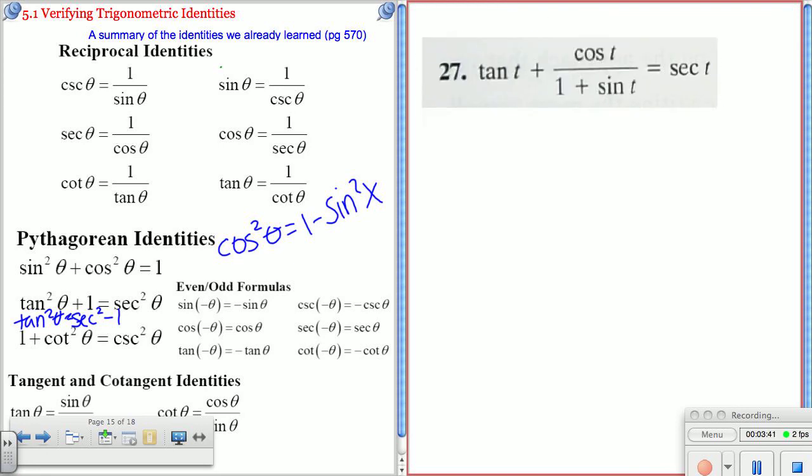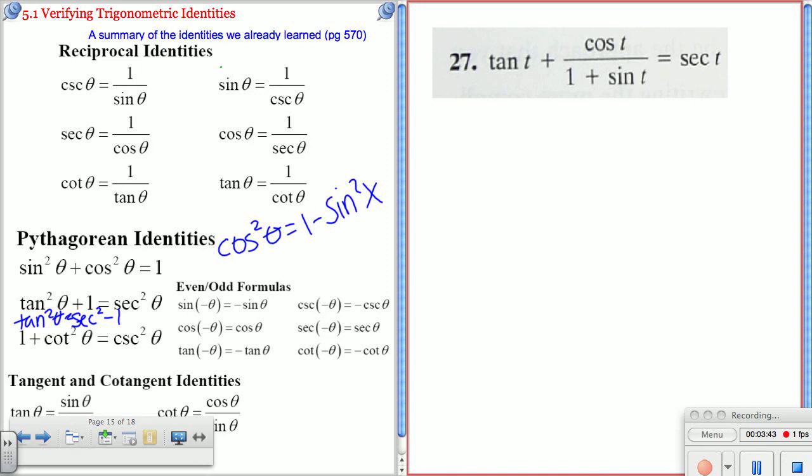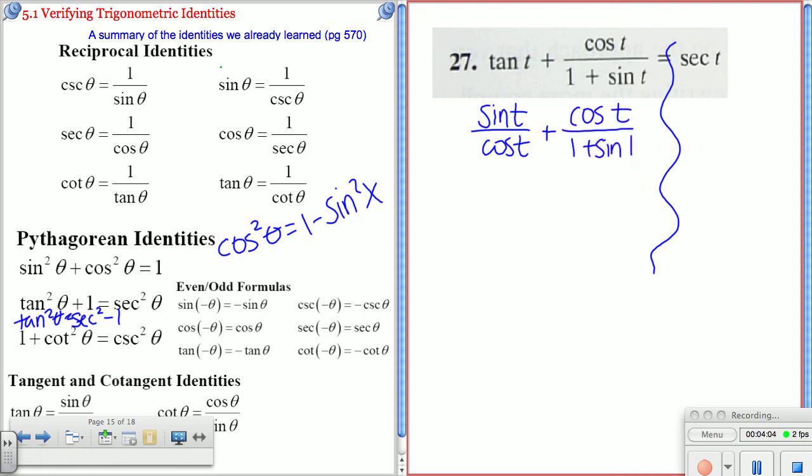Now, obviously the left is the more complicated side, so let's start there. Let's change tan to sine over cosine. And then let's go ahead and get some common denominators. Let's see where that takes us. So we need 1 plus sine t here.